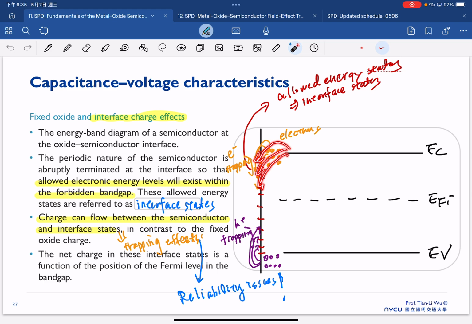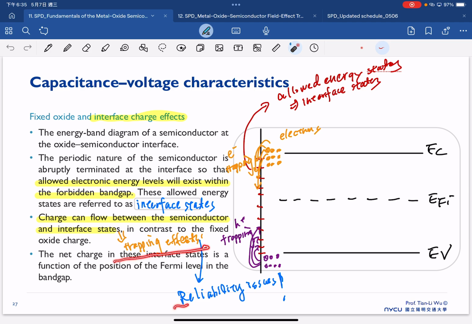and that will cause electron trapping. The same thing can happen if we have hole generation at the surface, and then the holes can also have the chance to jump to this interface state, and that will cause hole trapping. So anyhow, charge can flow between the semiconductor and the interface state, and that will cause very serious trapping issues.